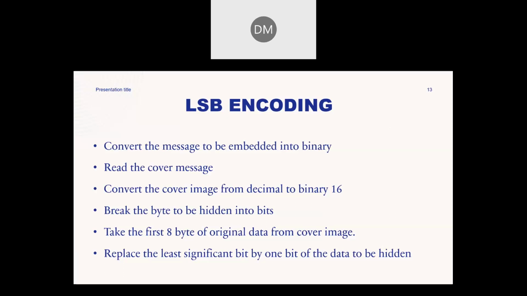Then it converts the cover image from decimal to binary, and breaks the bytes to be hidden into bits. Then it takes the first 8 bits of the data from the cover image and replaces the LSB, that is the least significant bit, one by one with the data to be hidden. That results in an image which has the information hidden in it.